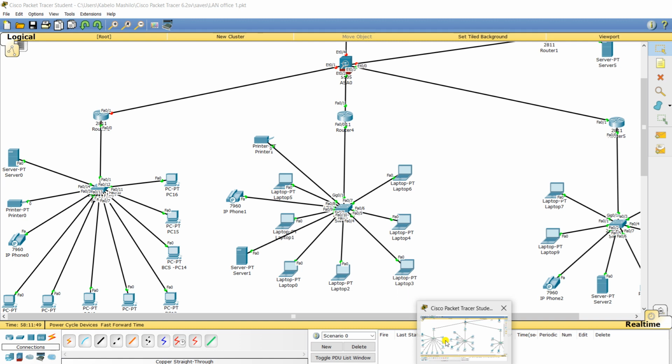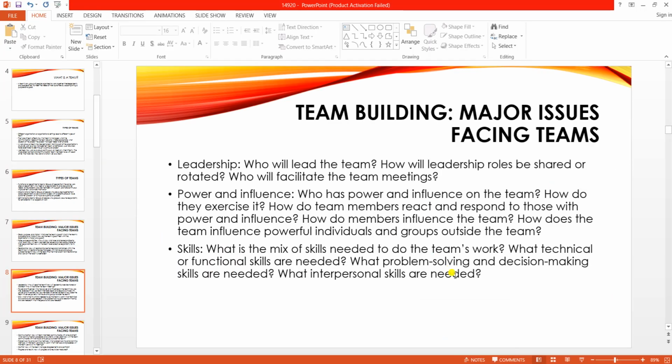They might have other relationships outside of other departments, so they might have influence on other members across the team or across other departments. So that also can be a negative aspect that can influence other departments about certain individuals within the team. So we have to look at things in a positive manner.